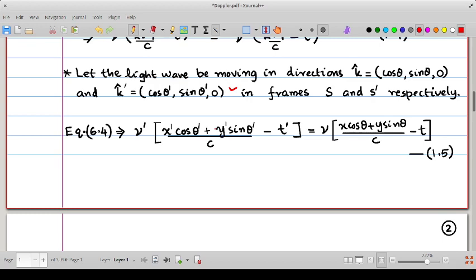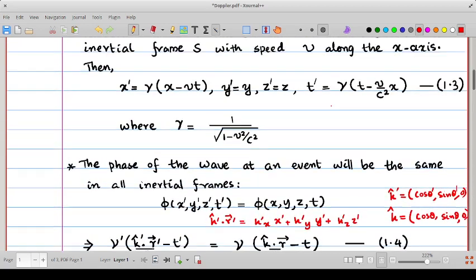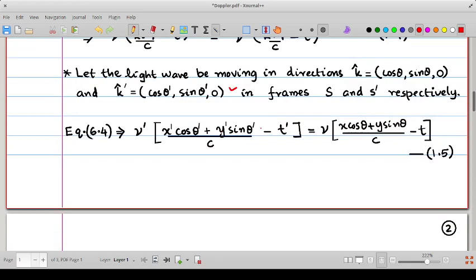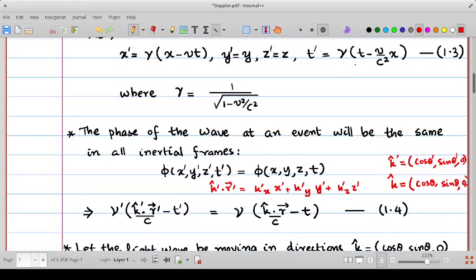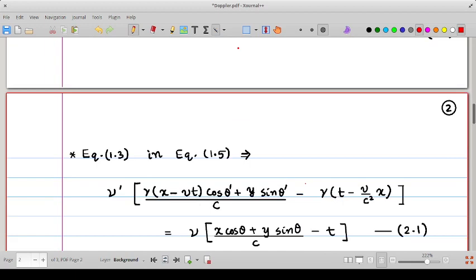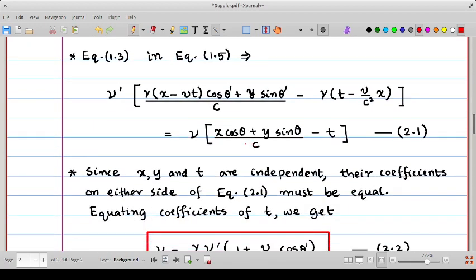Now x', y' and t' are related to x, y and t via the Lorentz transformations given by equation 1.3. So in this equation, we substitute for x', y' and t' using these equations, so that on the left side and the right hand side we have only expressions involving x, y and t. If we do that, we will get the following equation.